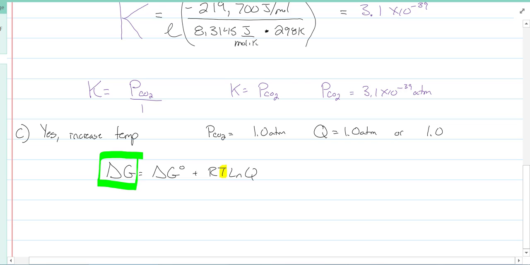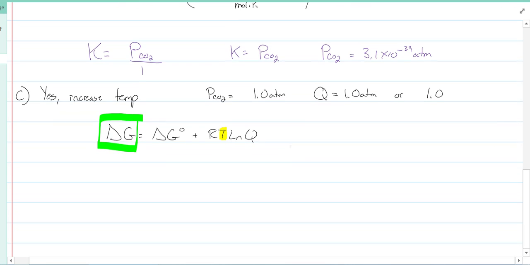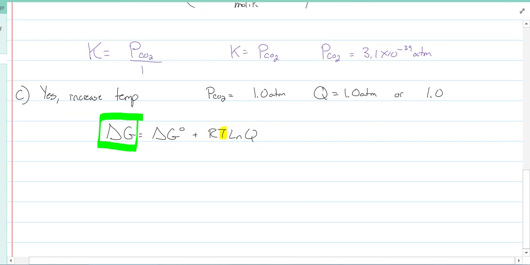A couple equations. We're gonna break out some equations here. We know that delta G of a reaction is equal to negative RT natural log of K. And we know that delta G standard of a reaction is equal to delta H standard of the reaction minus T delta S standard of the reaction.